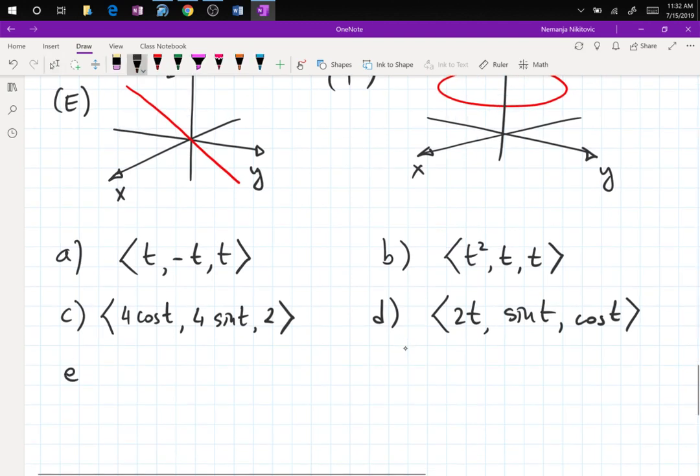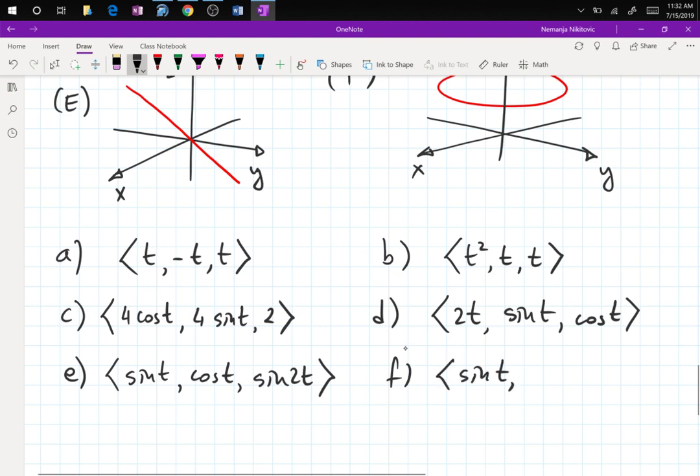E, lowercase e, sine t, cosine t, sine 2t. And finally, lowercase f, sine t, 2t, cosine t. Great.